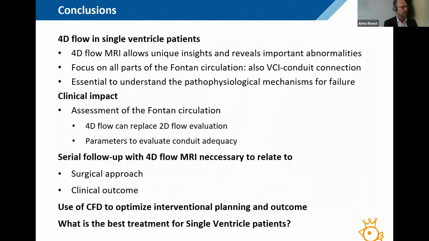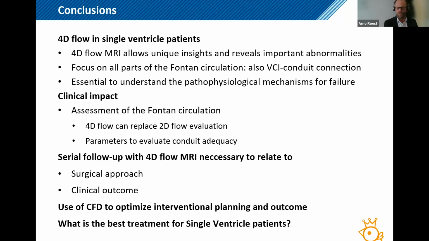So in conclusion, I think 4D flow is really good for the pathophysiological mechanisms in Fontan failure. It provides unique insights, reveals important abnormalities, and can already, as Francesco showed us, have clinical impact and can be used in clinical practice in a very fast and accurate way.